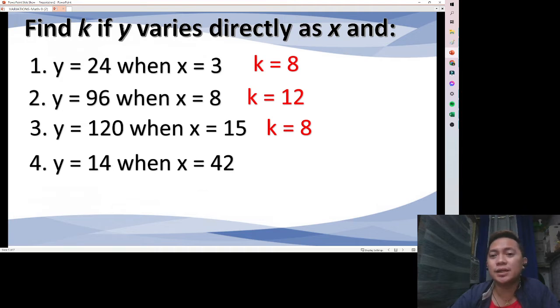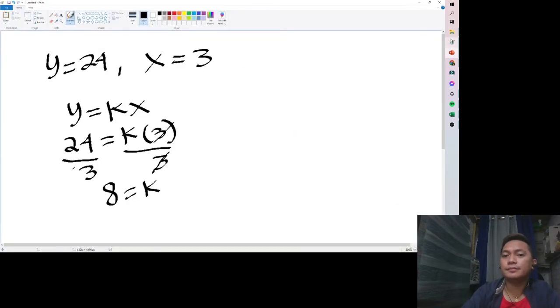Okay. Next. Number 4. Y is equal to 14 when X is 42. So, as you can see, mas mataas yung X kesa sa Y. Therefore, hindi natin siya madidivide na magiging whole yung number. So, 14 over 42. So, let us show to our paint again. 14 and 42.